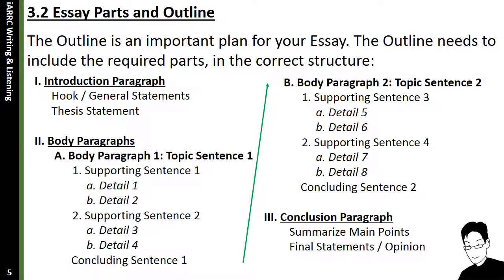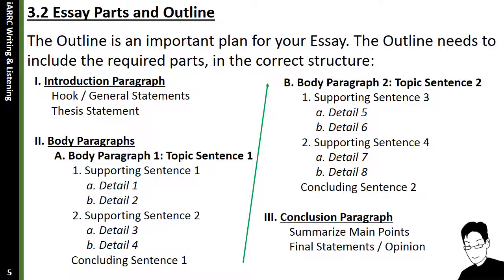So, here we can see there are 3 main sections: the introduction paragraph, the body paragraphs, and the conclusion paragraph. In the introduction paragraph, there are 2 main parts: the hook or general statements and the thesis statement. In the body paragraphs, each body paragraph has a topic sentence, represented here by capital letters.